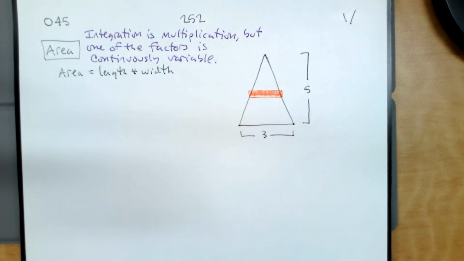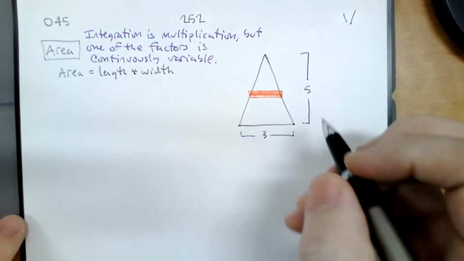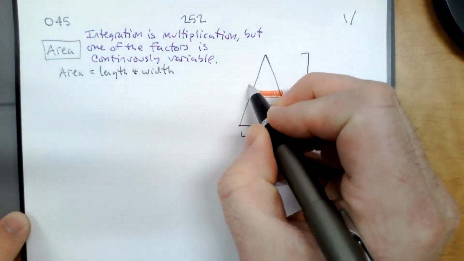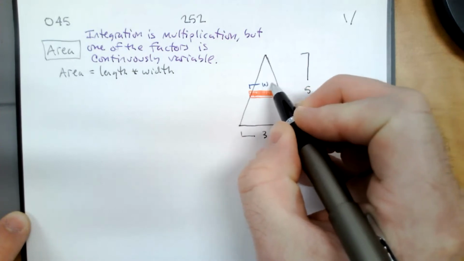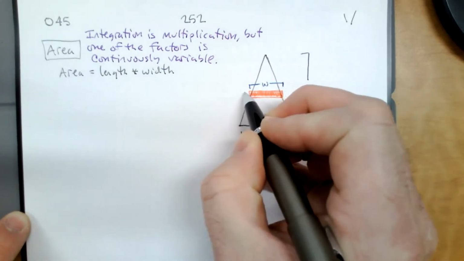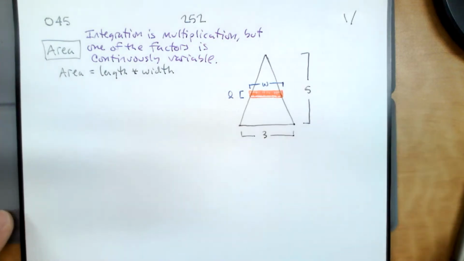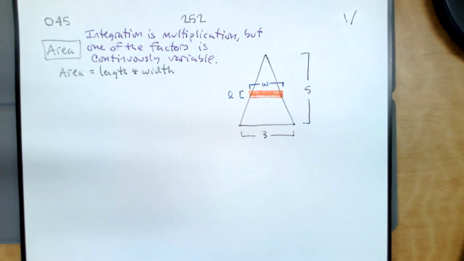So I have a length and a width. Doesn't matter which one we call what, but we have a width and a length. Now, what's going on is that the length that I've labeled here, the little height of that rectangle, is too thick.